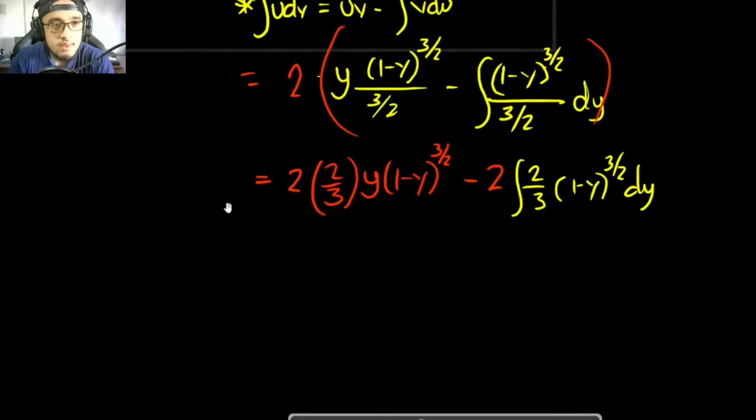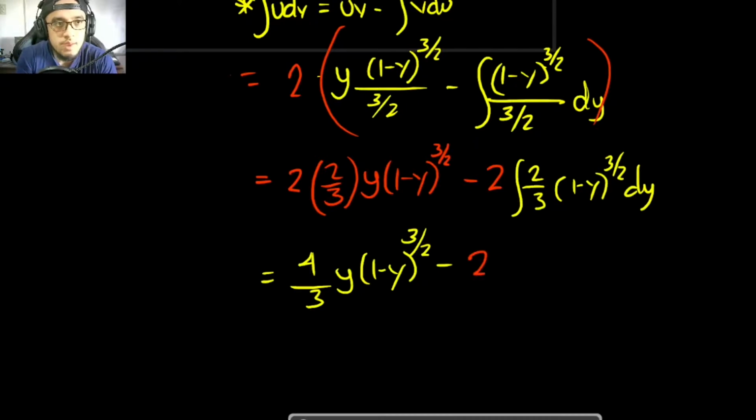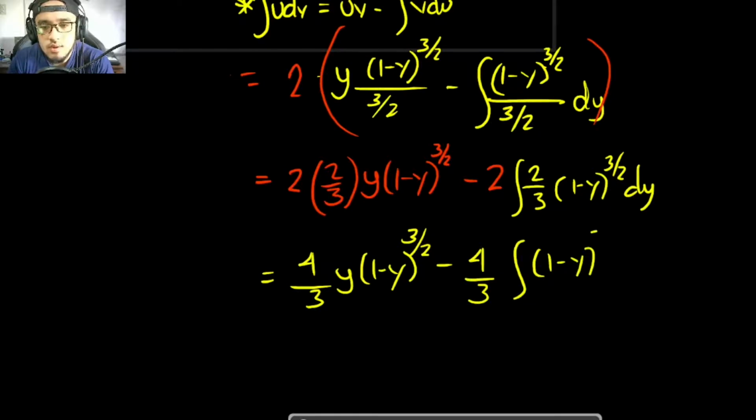So, okay, simplifying this further, this is to be equal to 4/3 times y times 1 minus y raised to 3 halves minus 2 times 2/3, so this is to be 4/3 once again, so 4/3 times the integral of 1 minus y raised to 3 halves times dy.